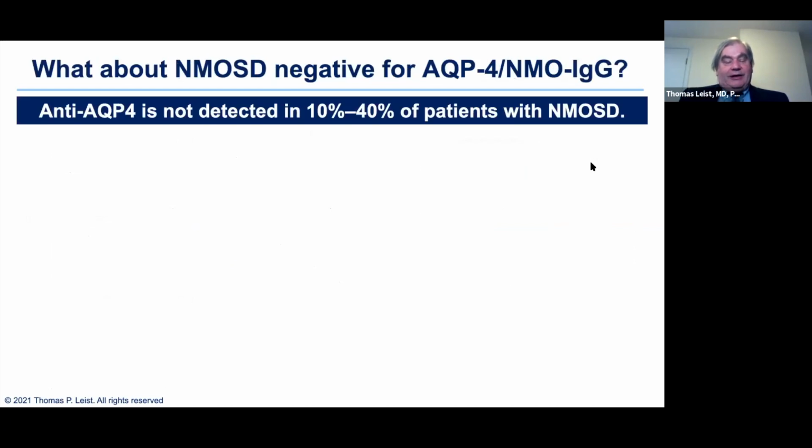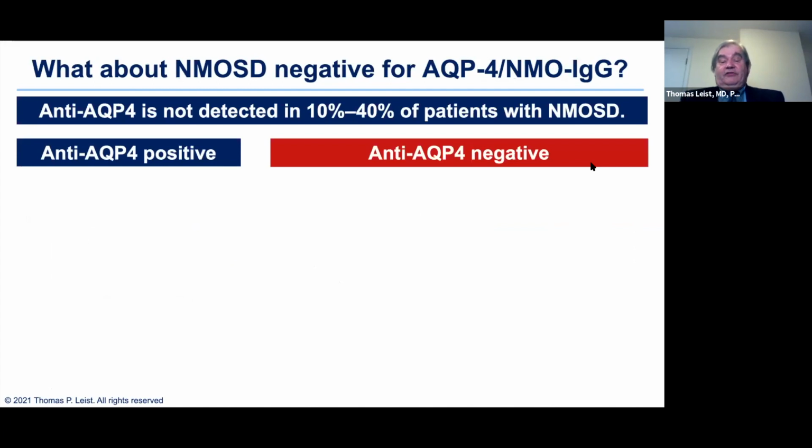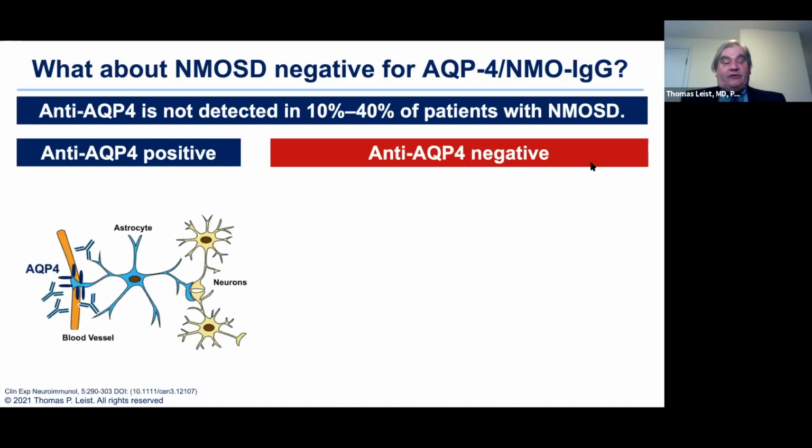And so, as I mentioned, about 10 to 40% of patients with NMO spectrum disorder don't have the anti-aquaporin 4. So we have the patients that are aquaporin 4 positive, and we have this subgroup of patients that are anti-aquaporin 4 negative. Looking at the patients that are aquaporin 4 positive, they have an antibody against the foot processes of the astrocytes, the water channel, the aquaporin 4.